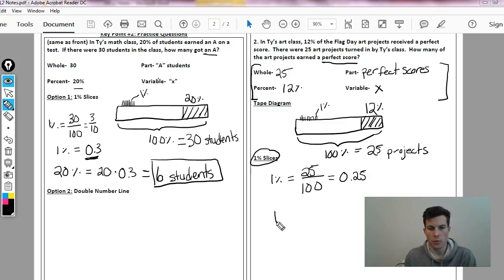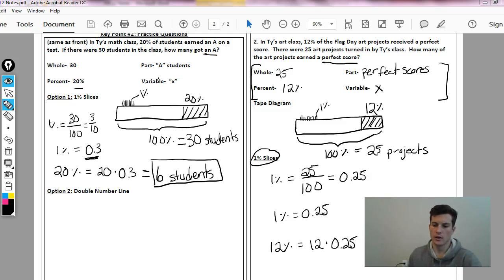So we can say, hey, 1% equals 0.25. Well, now we want to know 12% is equal to how much? Well, this would be 12 multiplied by the amount that is equal to 1%. So 12 multiplied by 0.25.